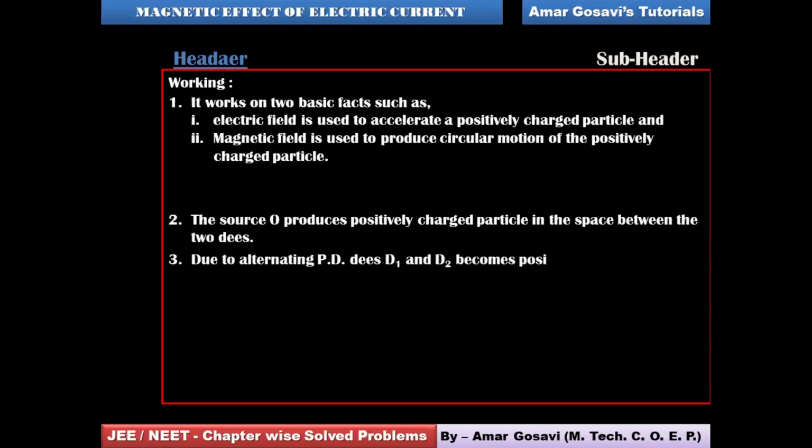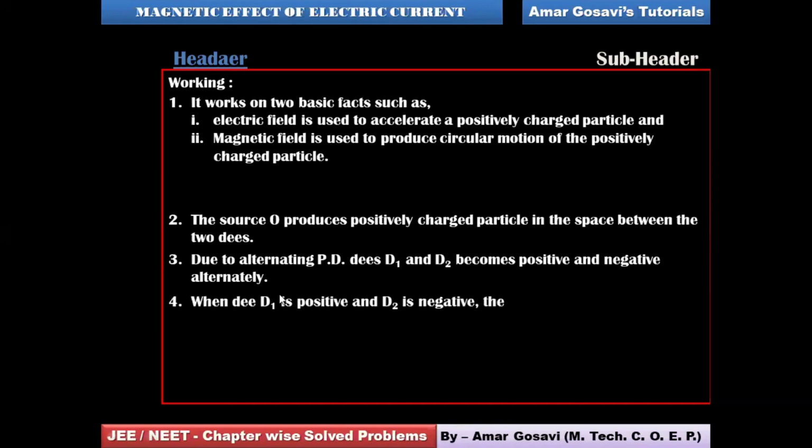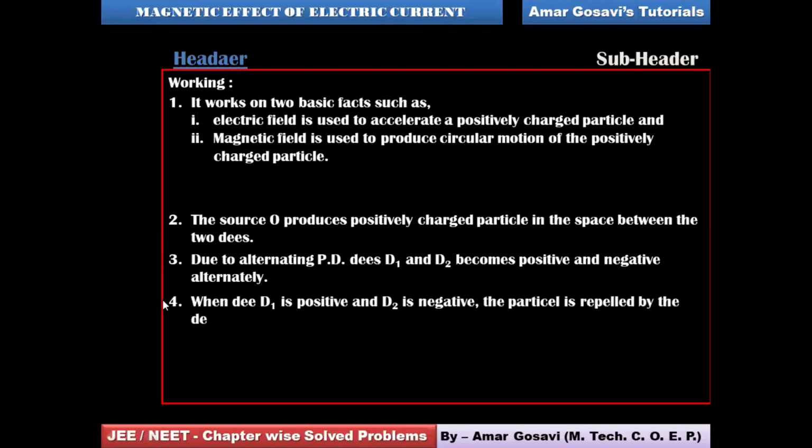Then the next point of discussion here, you can see D1 and D2, right, friends? They become positive and negative alternately. This is being discussed. Okay, we are just mentioning it in the form of notes. So one thing to be remembered, when D1 is positive, D2 will be negative, and subsequently vice versa.